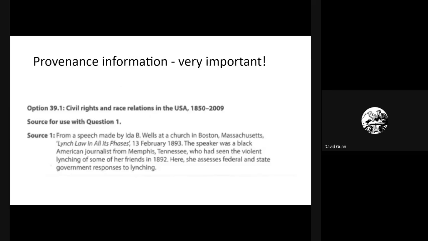But that's something to think about. The audience is certainly going to be more supportive of her ideas than if this was happening in the South. There may be other things that I've skipped over there, but that's the level of detail in terms of provenance: nature, origin, purpose, and audience.